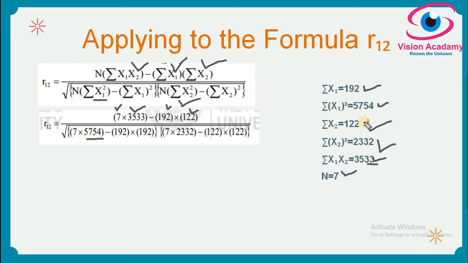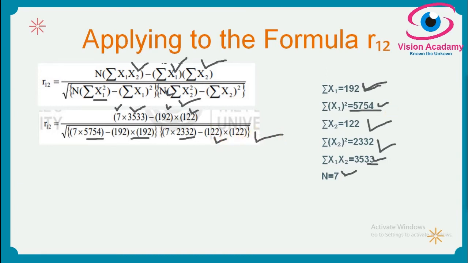Summation x1 square is 5754, and here summation x1 whole square, where summation x1 is 192, will be squared, 192 into 192, and n is 7 again. Summation x2 square is 2332, and summation x2 whole square, 122 into 122, will be this.